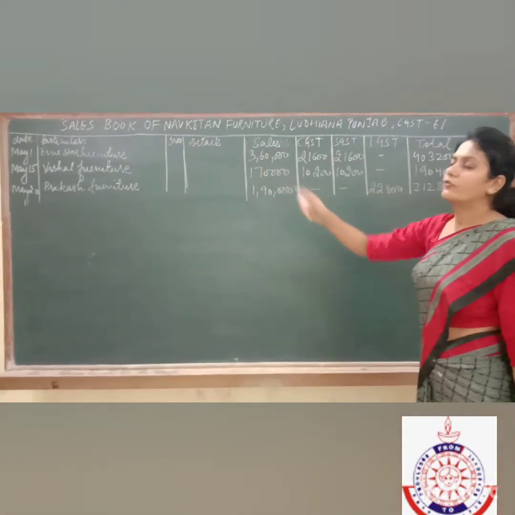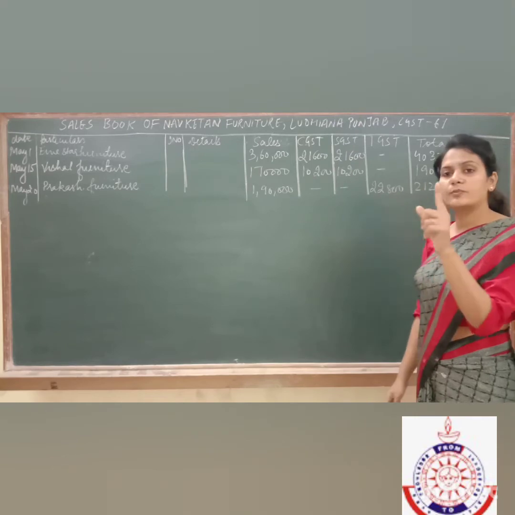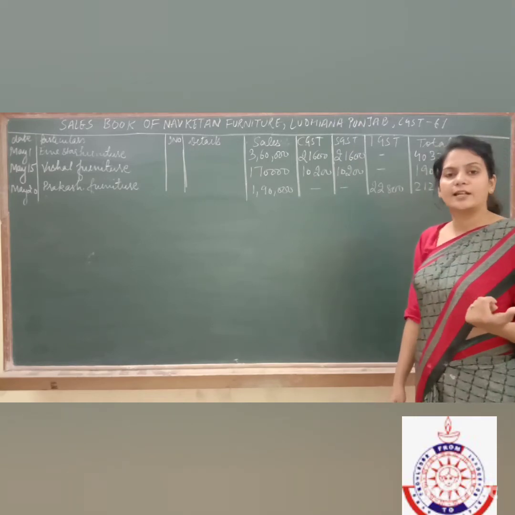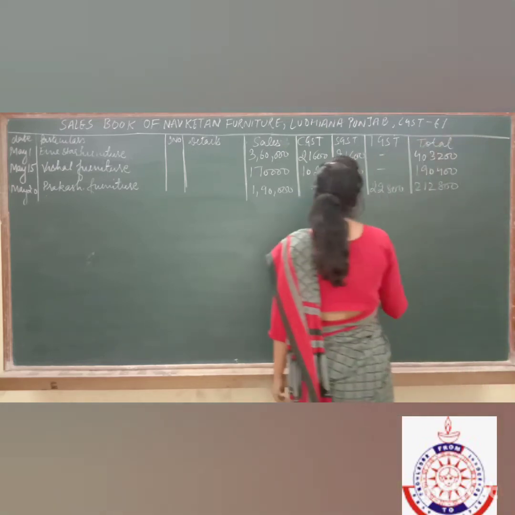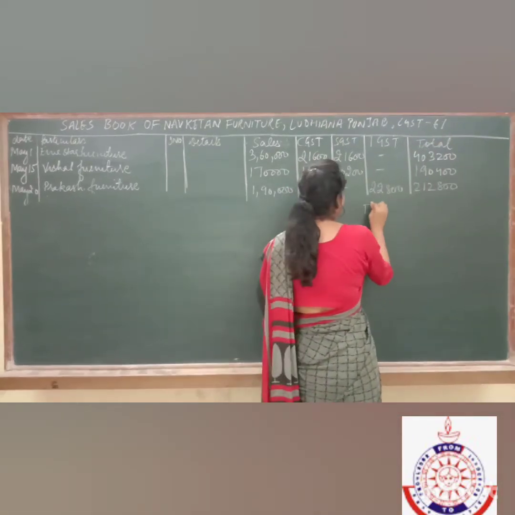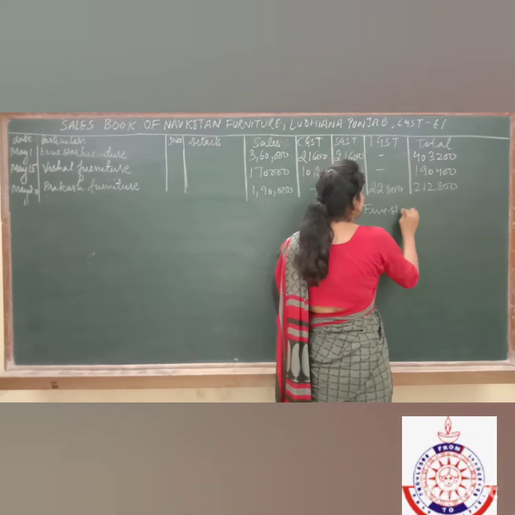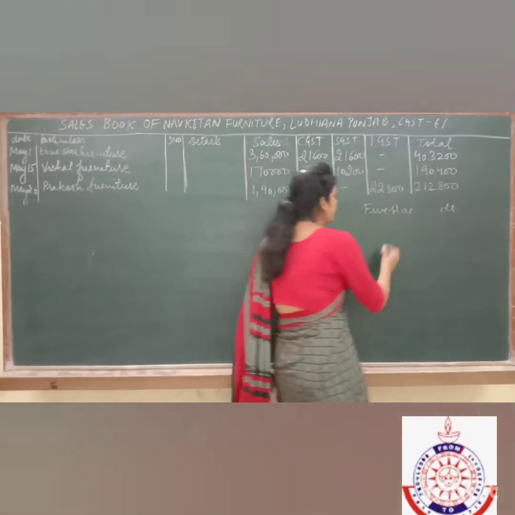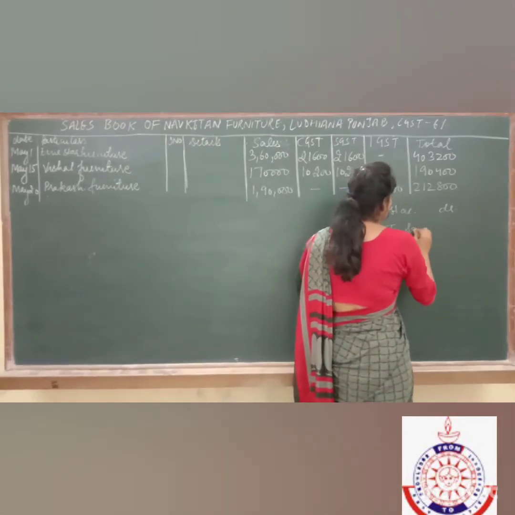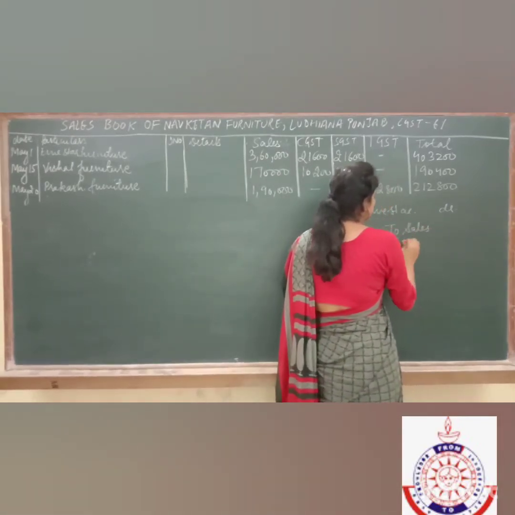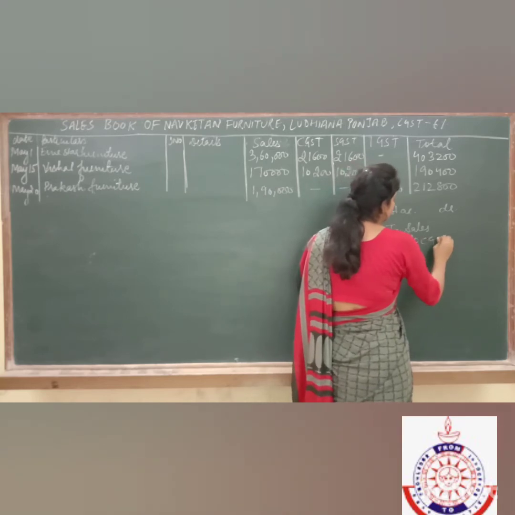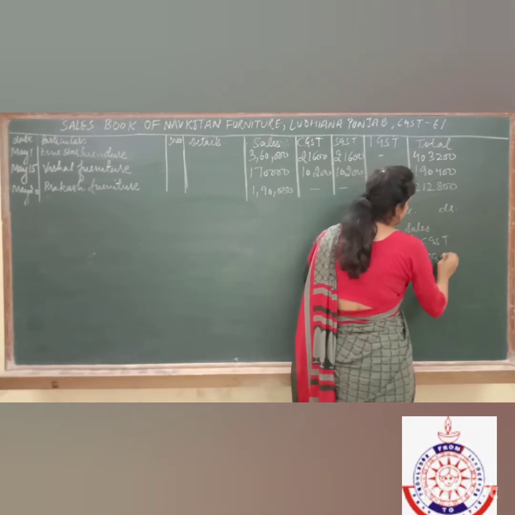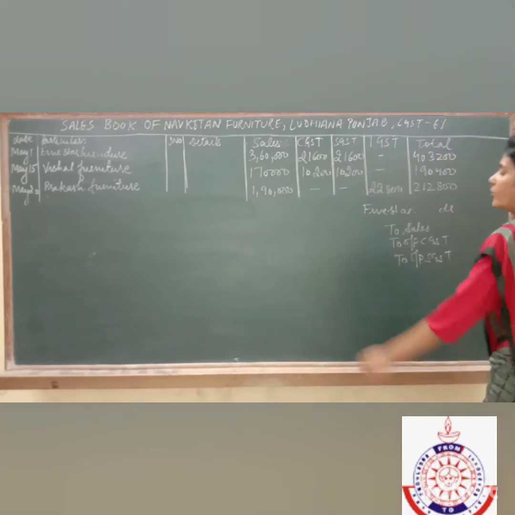If I am selling goods to Five Star Furniture, it means that Five Star Furniture becomes my debtor as well as receiver. And Five Star Furniture is an artificial person, so we have to debit their account. So we are going to pass the entry. Five Star Furniture will be debited. Fine. Then goods go out of the business. So to sales, to output CGST, to output SGST. Now how to write the amount?